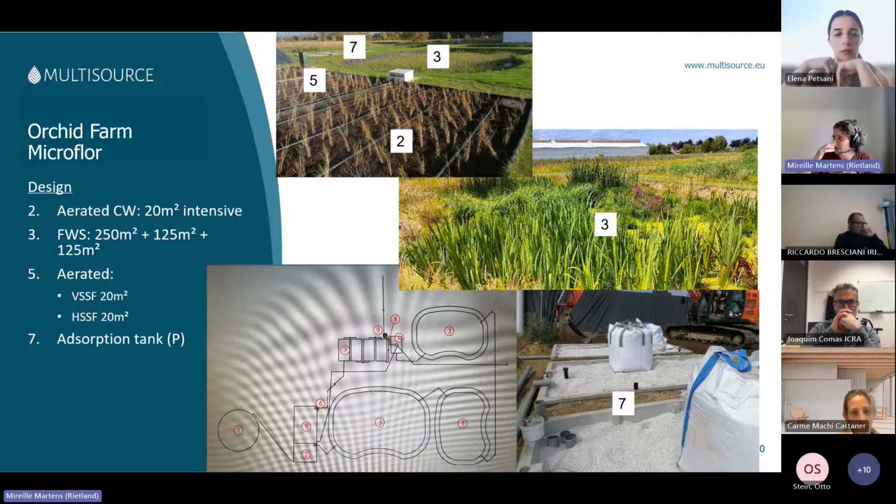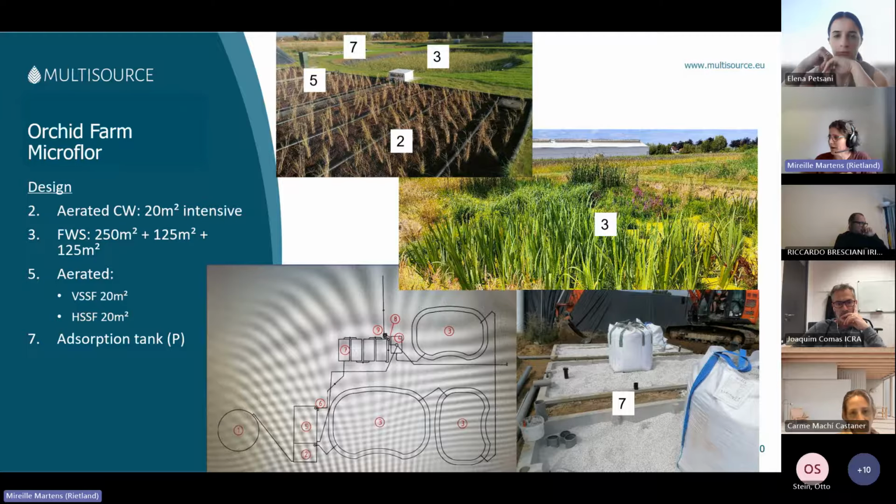They are like the free water surface. And we played a little bit around with the water level in these 3 wetlands. So we have improved the biodiversity because of that. Then the water flows from number 3 to number 4. Number 4 is actually a tank with a pump.